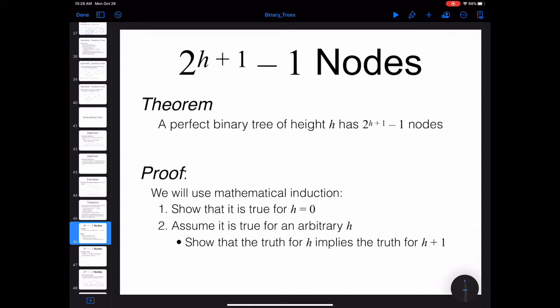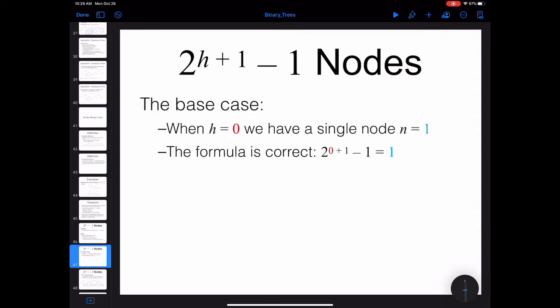So I need a base case. So the base case is that when h is equal to 0, I should prove that this theorem gives me the correct number of nodes. If h is equal to 0, it means that I am going to have a tree with just one node, right? Now let's look at the formula in the theorem.